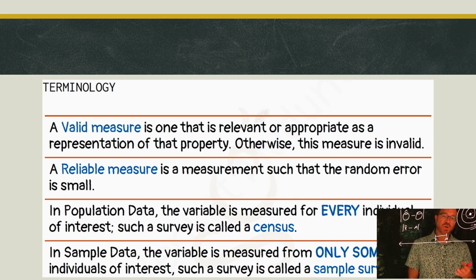So if I go and take a survey or a sample survey, remember I mentioned earlier, when I saw the word survey, I knew it was a sample, because if I say I did a survey, it means I went and gathered data from a sample. If I said I performed a census, this means that I went and gathered data for all individuals.